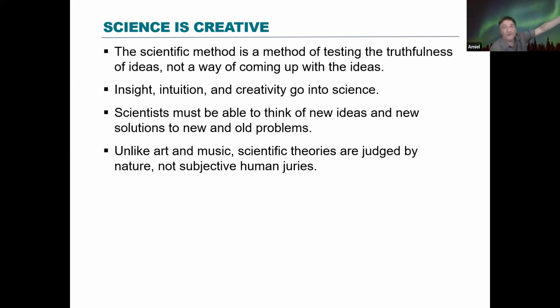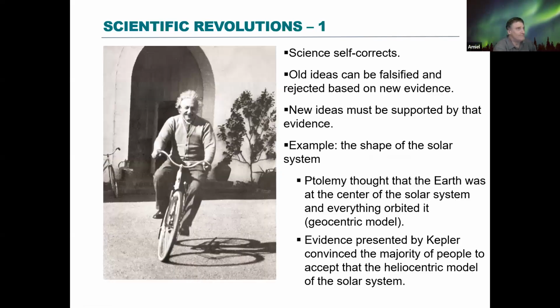Has to be found and explain something in the world around us. Otherwise, what's the point? This is different than art and music, which just want to create beauty and aesthetic feelings. Not subjective to human juries. It's one of the things I love about it. It's the world outside of human beings. Not that I'm antisocial or anything.